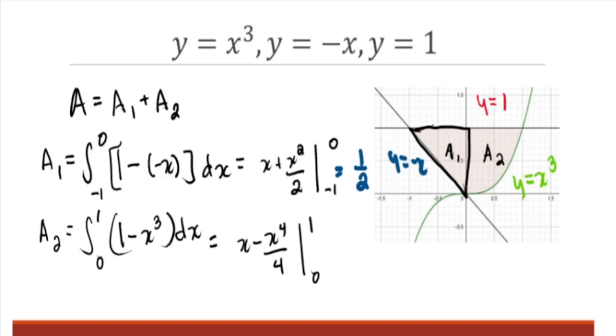Then the second one gives us 1 minus 1/4, or 3/4. So we have 1 half plus 3/4. So the total area is given by 5 over 4. Okay?